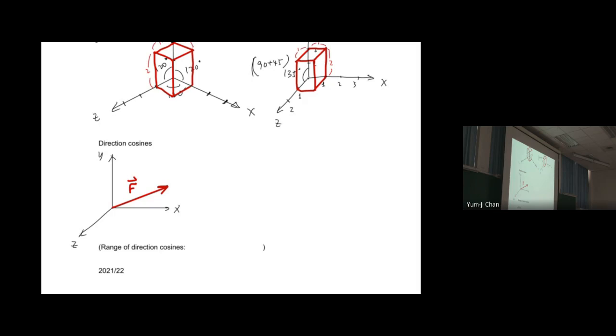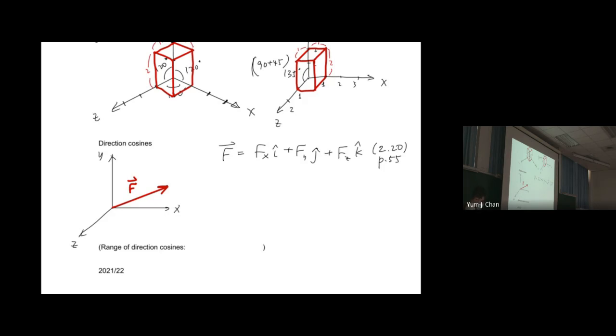Because it is in 3D space, we can write vector f is equal to fx i plus fy j plus fz k, and this is equation 2.20 on page 55.